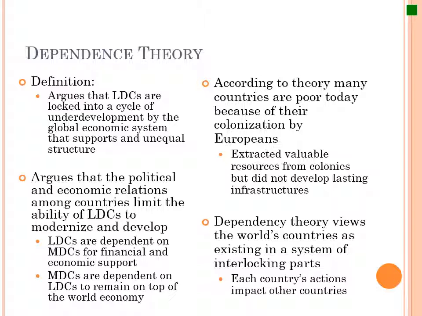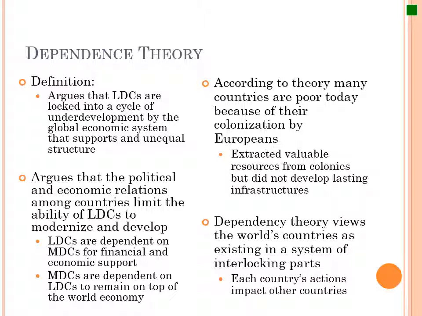And a lot of this goes back to the reasons why many places in Africa and Asia are poor: how they were treated during colonization by the Europeans in the late 1800s and early 1900s. Some people would also argue South America is in that same boat because of the way the Spanish and the Portuguese treated them going back to the 1600s, and when they got their independence in the early 1800s, they did not have the infrastructure or the political experience to make that transition.